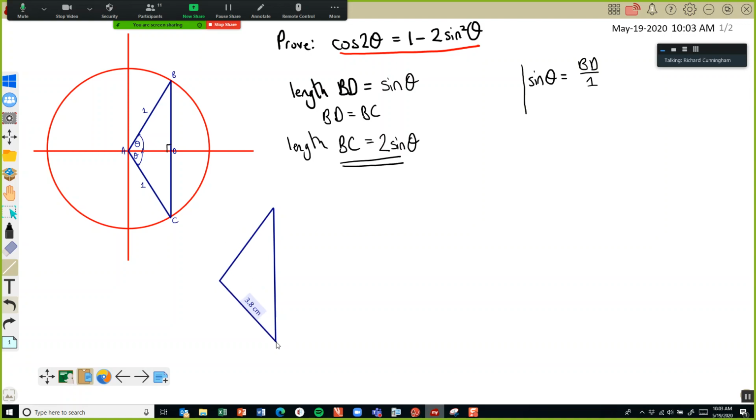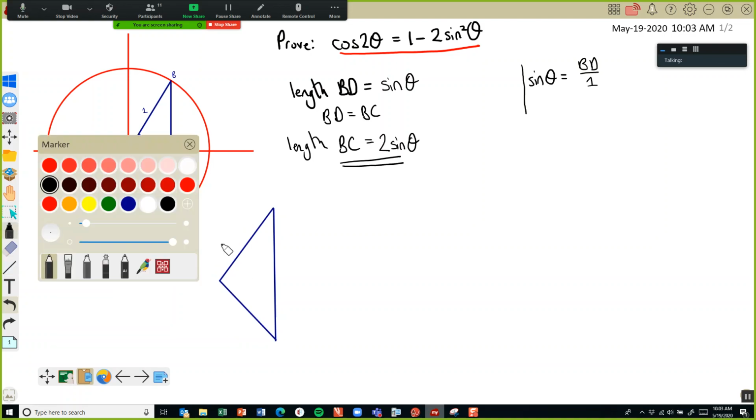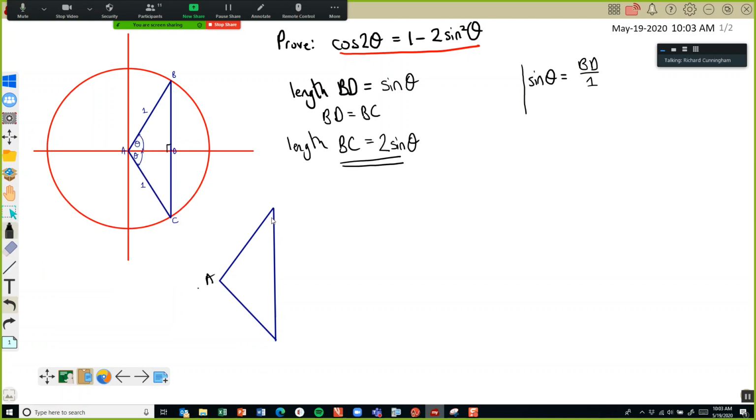And for my blue triangle, I'm just redrawing it outside, A, B, C. This is length 1, this is length 1. What's the angle in between here? Two theta. Okay, so I've just taken this blue triangle and redrawn it down here. I haven't included the line going across, the horizontal.